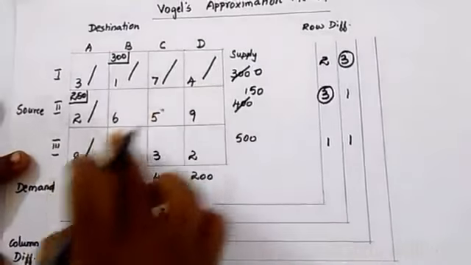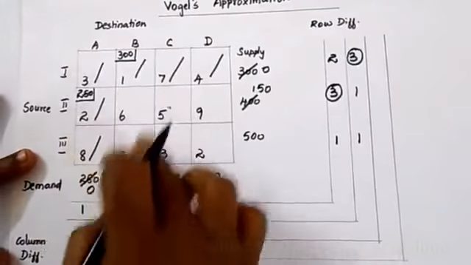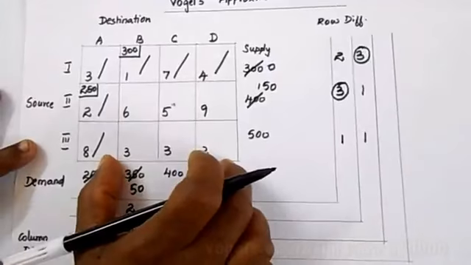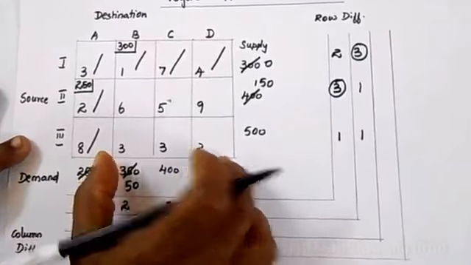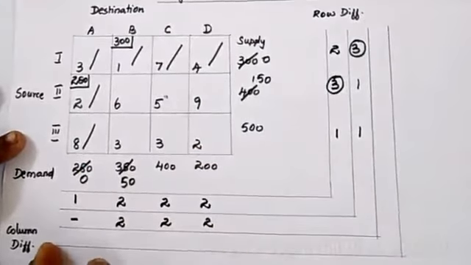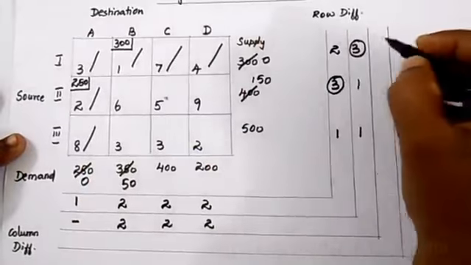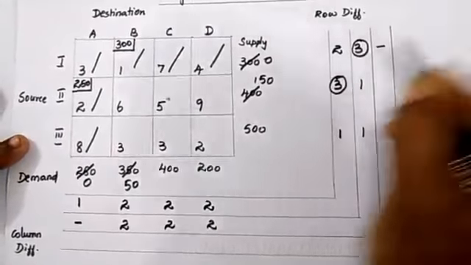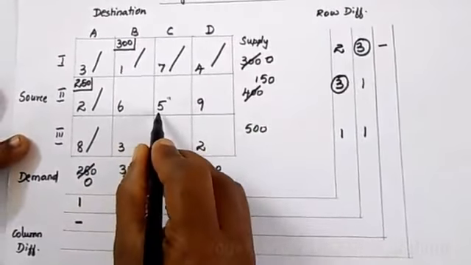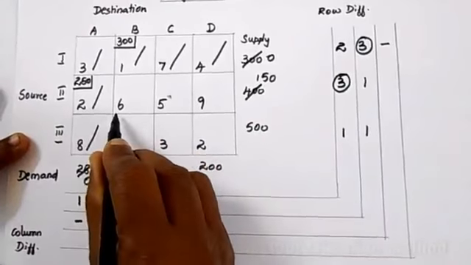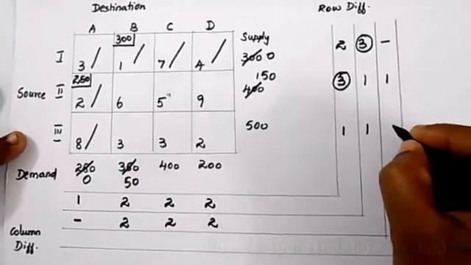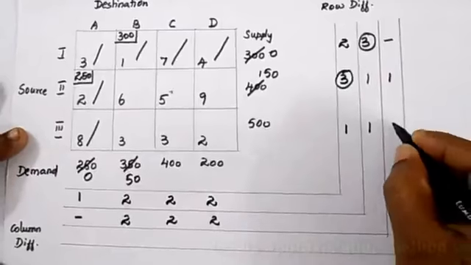Now one row and one column are over. Now we have only two rows and 3 columns. With these unallocated cells, again you have to find out row difference and column difference. In the first row, entire thing is over, no? Just put dash. In the second row, 5 is the least value. Next least value 6. Difference 1. Here also 2, 3, 1.